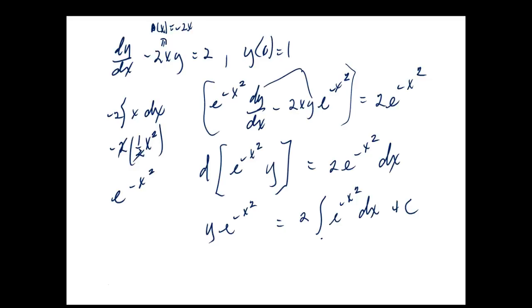The 2 over root pi and all that really don't come into play directly here, because when you put a 0 in there, you get a 0. And y is 1.